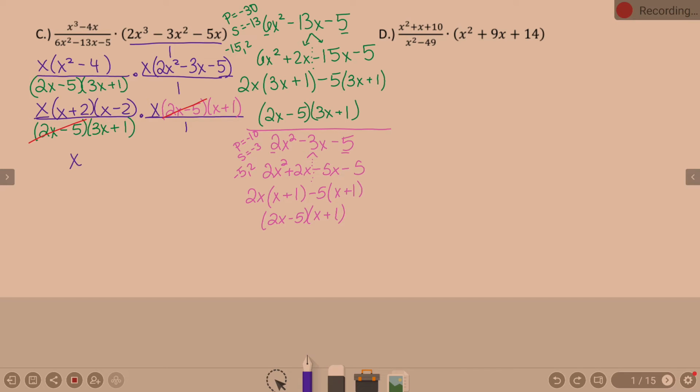And then after that, I'm just going to write x plus 2, x minus 2, x plus 1, all over 3x plus 1. They're never going to want you to multiply factors back together. Yes, something like x times x can become x squared, but other than that, they want you leaving things in factored form.